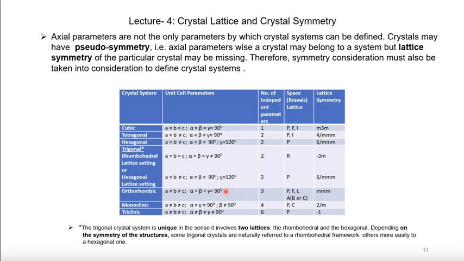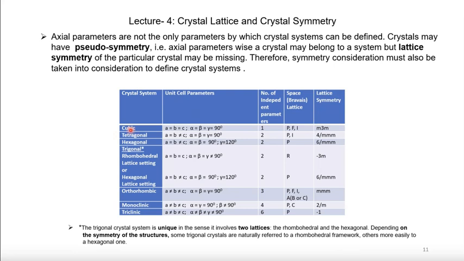I say that we cannot define a crystal system only with unit cell parameters. It is one of the points to describe, but it is not the only one. We have other things to take into consideration, for example symmetry elements.